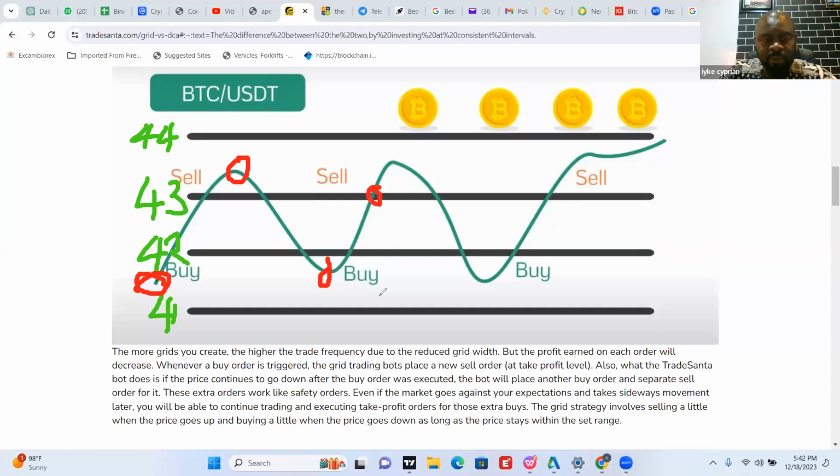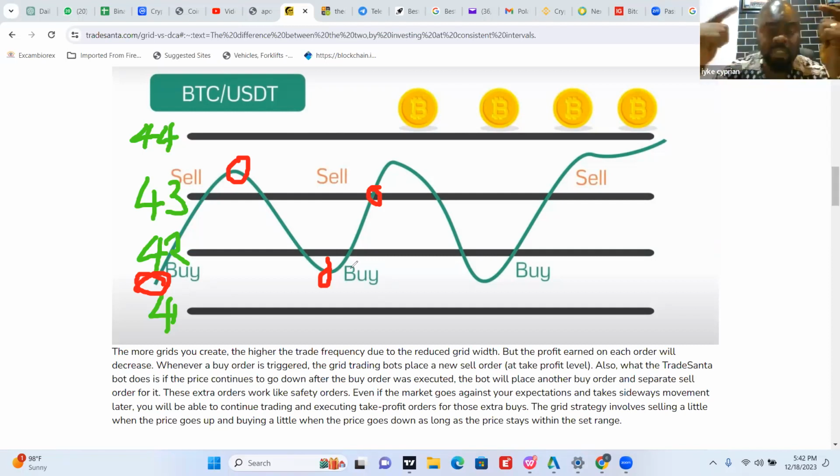Now, the grid system doesn't hold much of your money. So it buys at a particular grid. When it buys at a particular grid, it sets a take profit within the same grid. So for every buy in the grid, there is also a sell. If your robot buys 4 times in the grid, it's going to have 4 take profits.